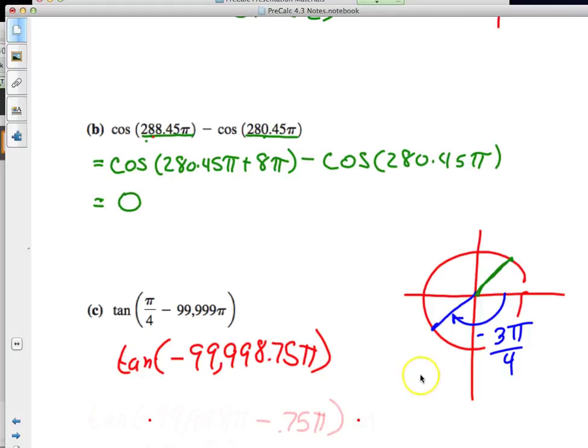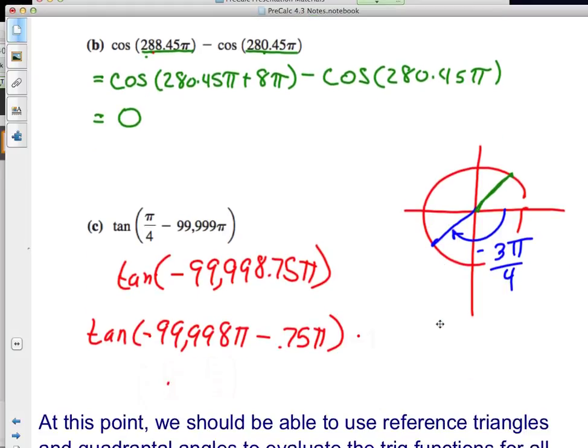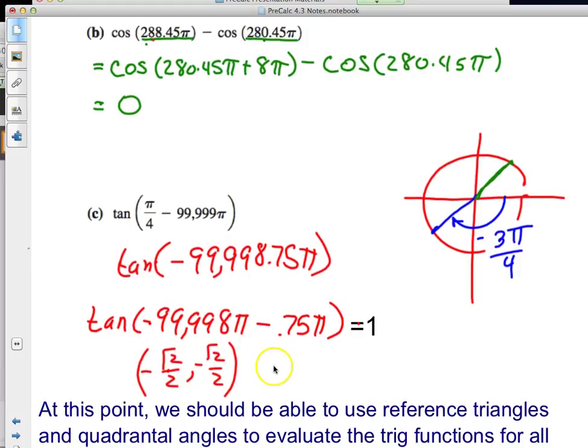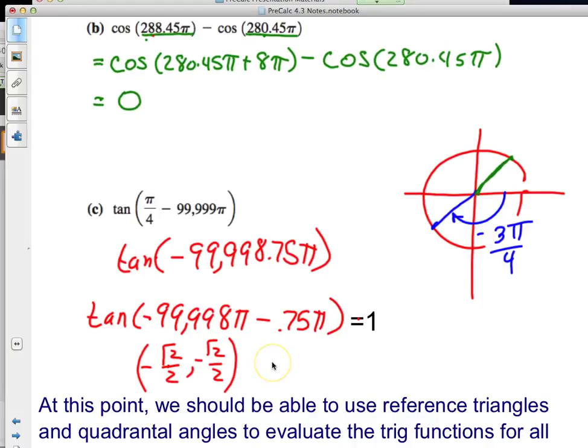And I'm going to talk about 3 pi over 4 more from my even rotations, negative 3 pi over 4. Okay? And that's going to be a 1. Because remember, tangent is sine over cosine, or in this case, y over x. So we just use periodicity to help us find answers without a calculator.